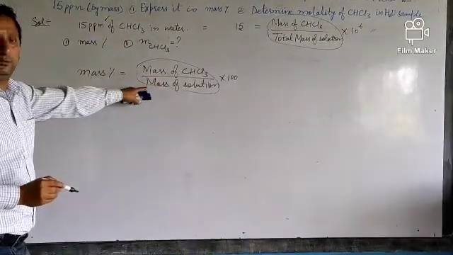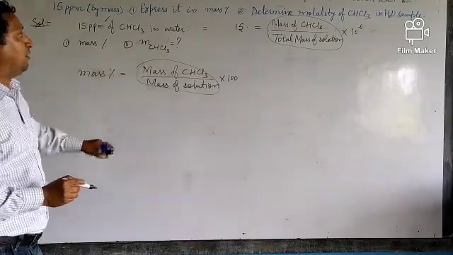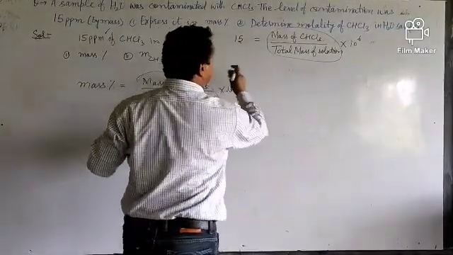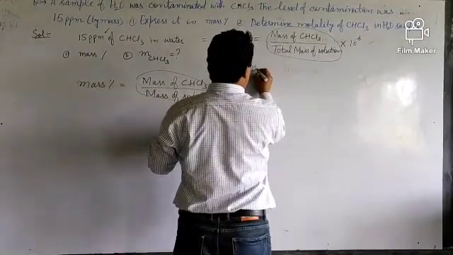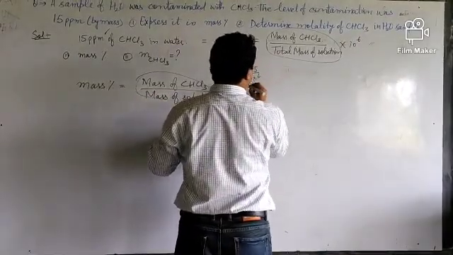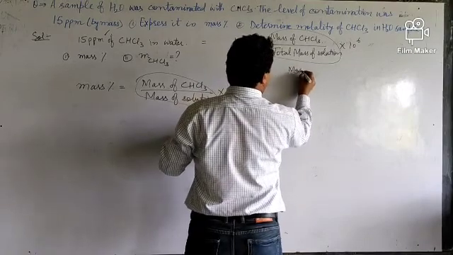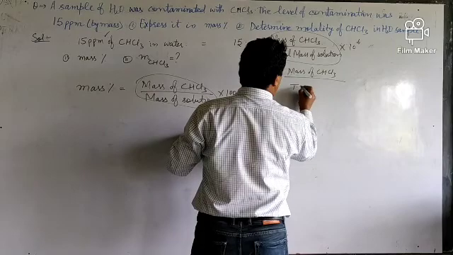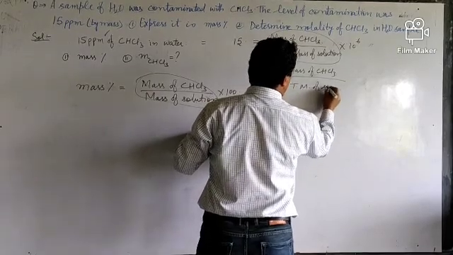So here we can just put the values from here. This becomes equal to 15 upon 10 to the power 6. So mass of CaCl3 upon total mass of solution.